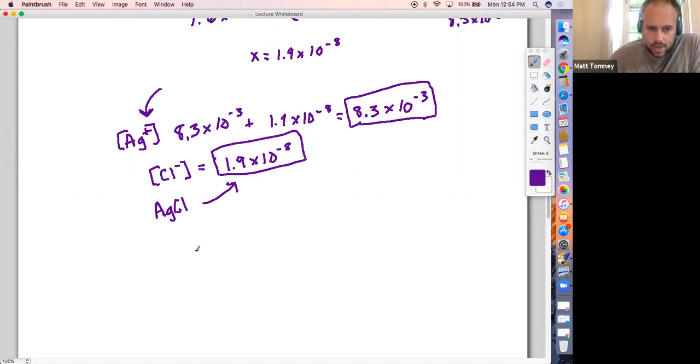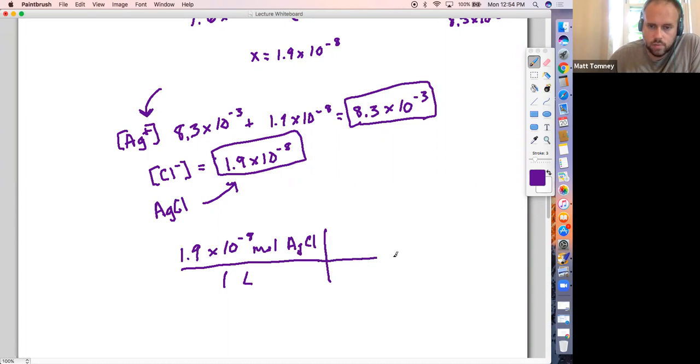So what we can do then is we can say, all right, 1.9 times 10 to the negative eighth moles of silver chloride to every 1 liter. Okay.